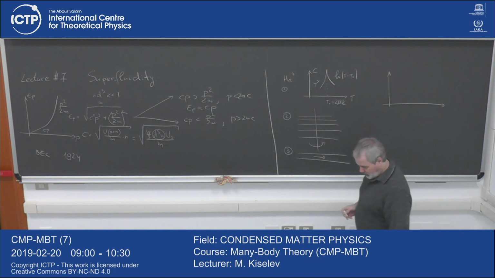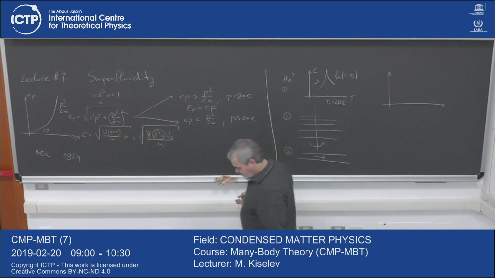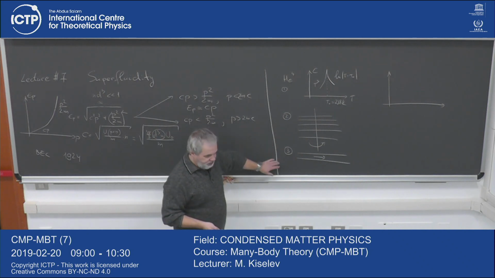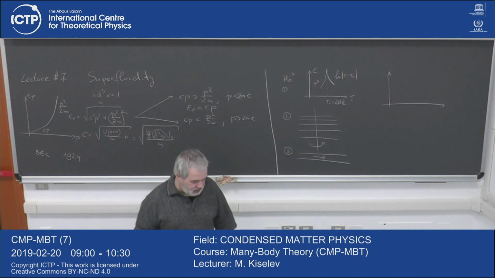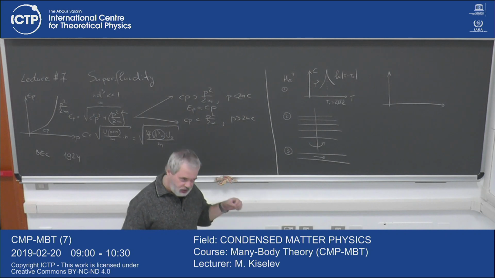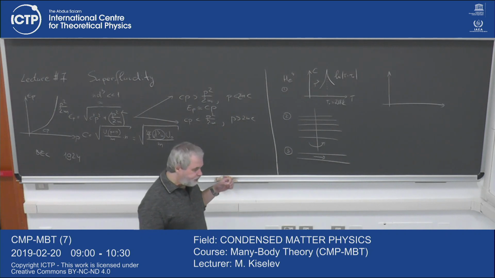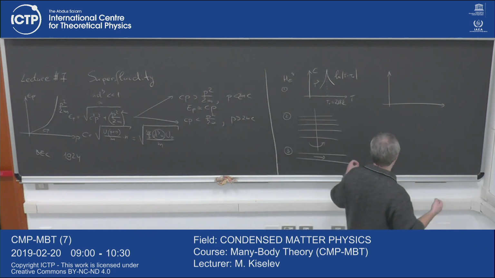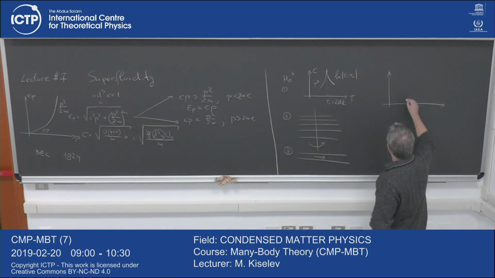It was a kind of phenomenological explanation in order to explain phenomena number 2 and number 3, and it was suggested that this is a two-flow liquid. So the helium liquid consists of a two-component liquid. This is T naught.